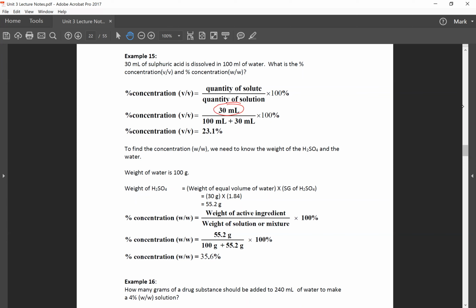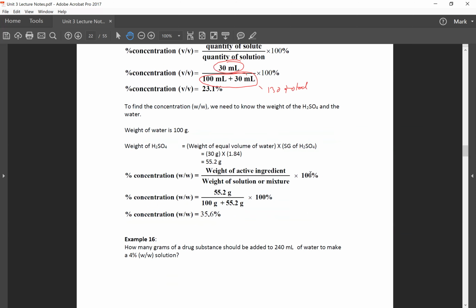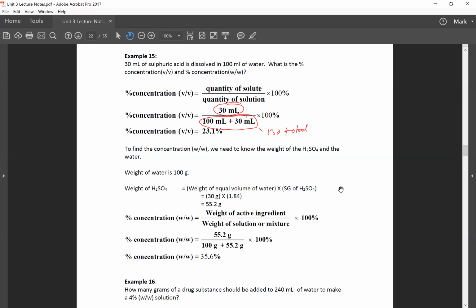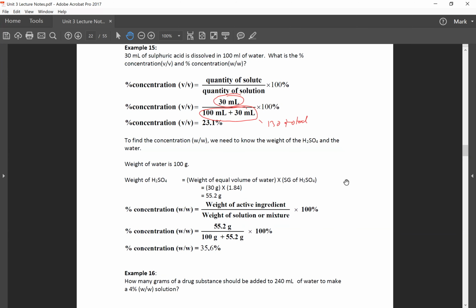That gives me 130 milliliters total. So I divide 30 by 130 and I get 23.1%.